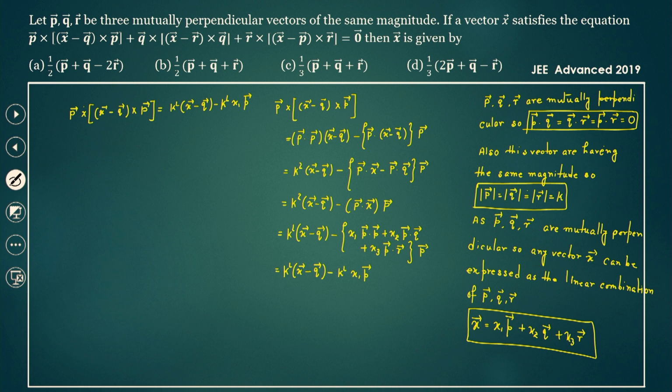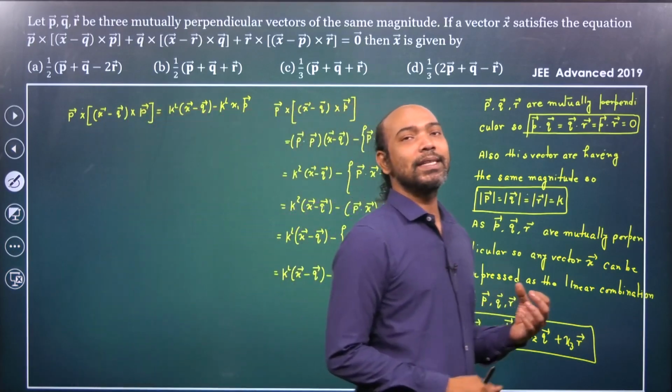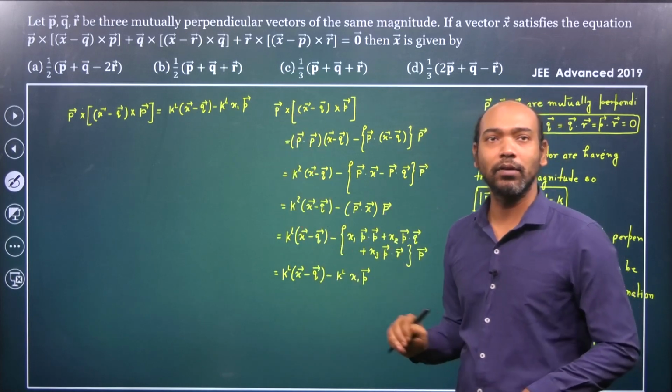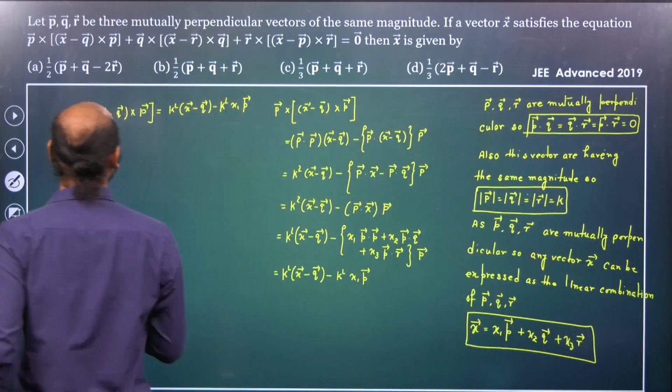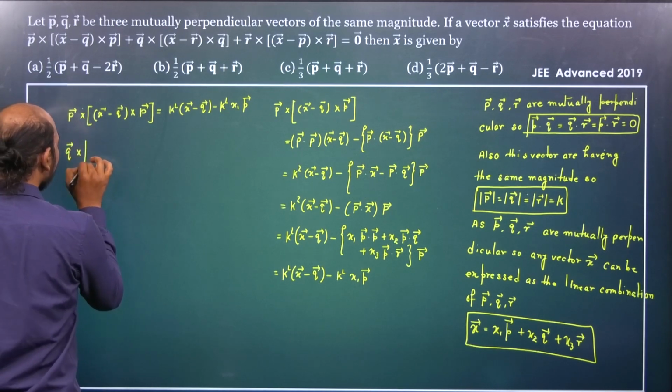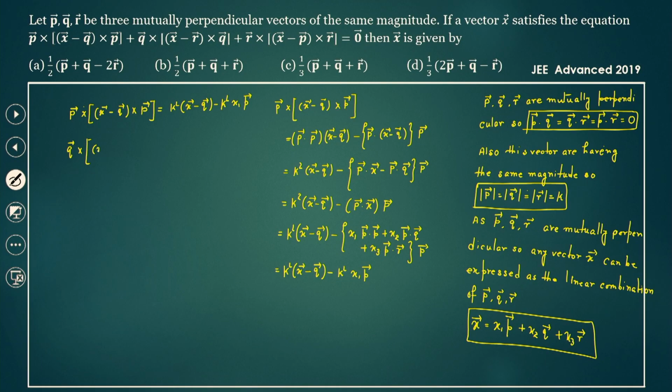That's it. Now similarly, using the same way of calculating all the remaining, we can go ahead and find out the rest, right? So by observing that, we can easily rewrite q vector cross x minus r cross that q vector, which gives me k square x minus r vector minus k square x2 into q vector.